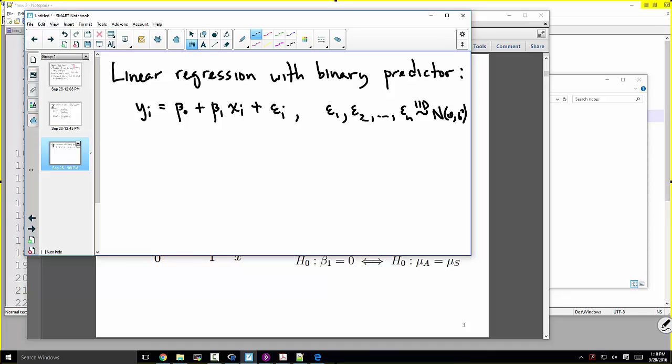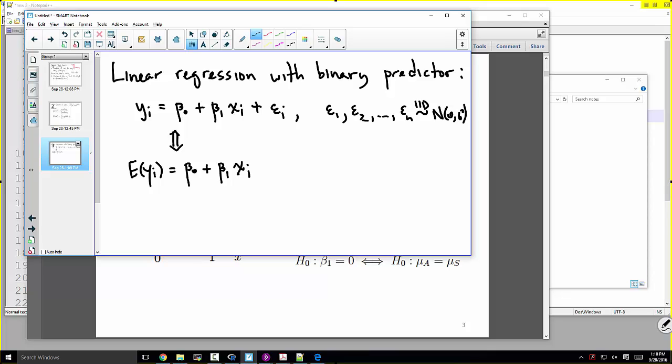Then, because the epsilons have mean 0, this is equivalent to saying the mean of y equals beta 0 plus beta 1 x_i. No epsilons anymore, because once you take the expected value, you're on the line.